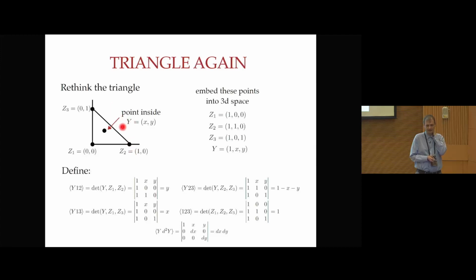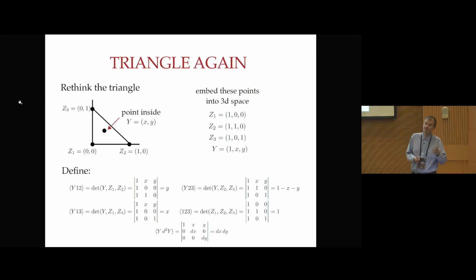And we consider some point y somewhere in the triangle. So it has coordinates x and y. And now we embed, so these are 2 vectors, all of these guys are 2 vectors. We can embed it in the 3-dimensional space by just adding coordinate 1 in the first slot and leaving 2 and 3, second and third slot as the coordinates of these 2 vectors that we have here.